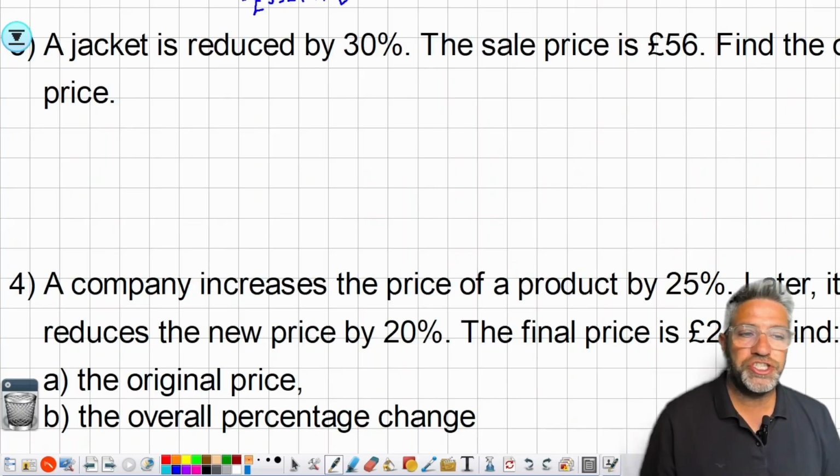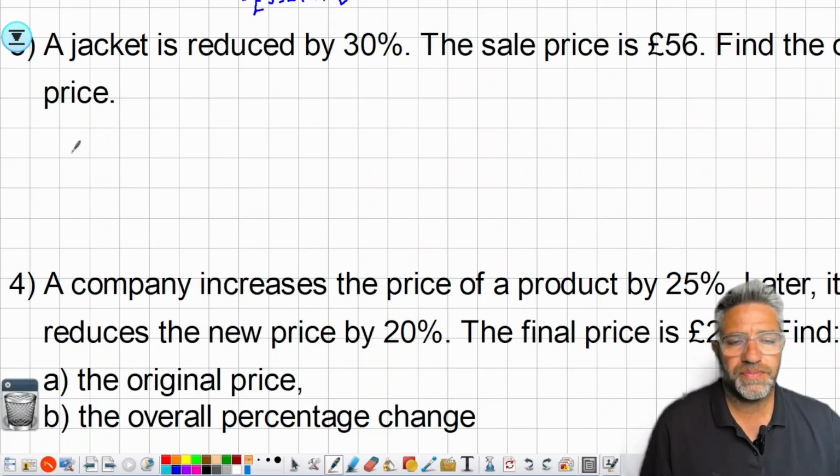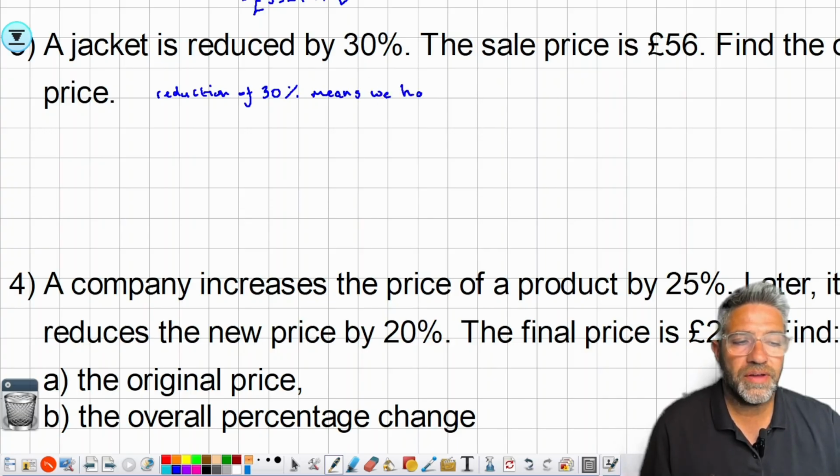A jacket is reduced by 30%. The sale price is £56. Find the original price. So I'm just going to begin. A reduction of 30% means we have 70% left.